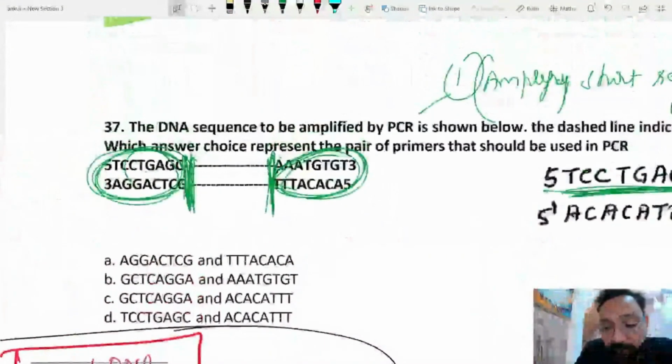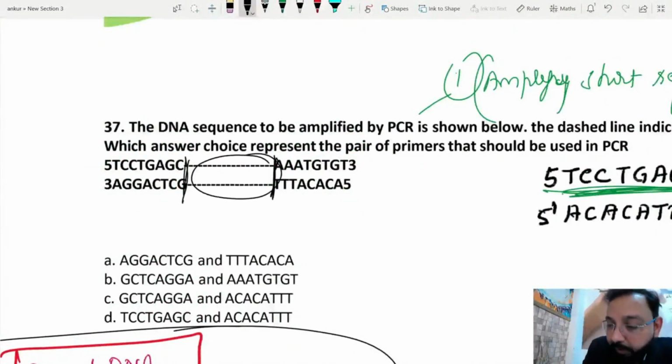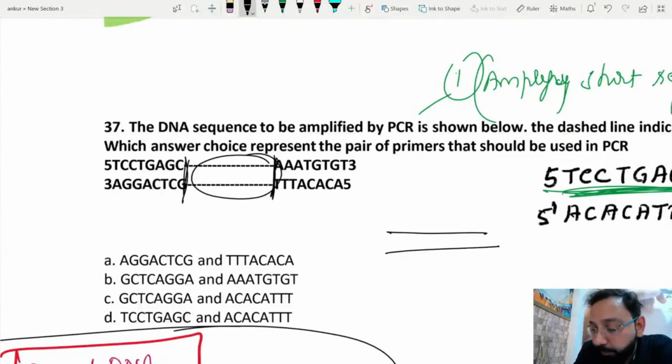Yes, what is flanking sequence? Suppose I ask you, amplify this DNA. I give you this DNA to amplify. I can amplify only this DNA if I know the nucleotide sequence at this end. If I don't know this sequence, I can't make a primer for that.